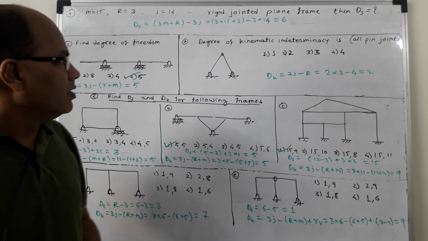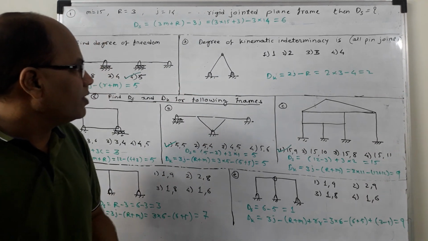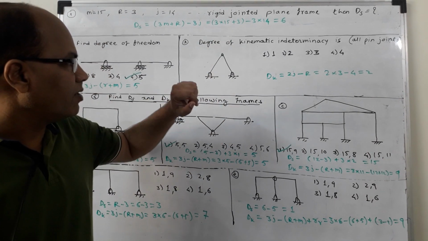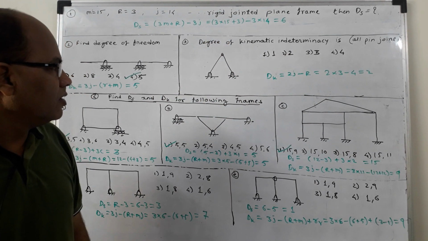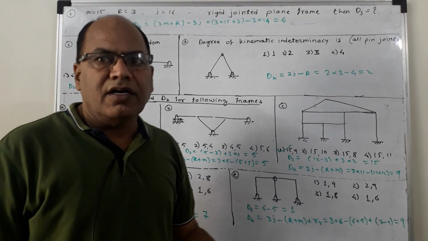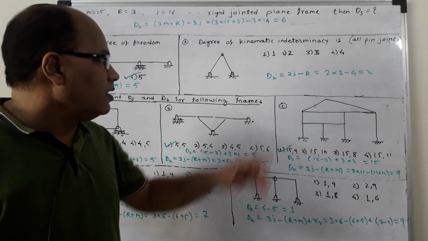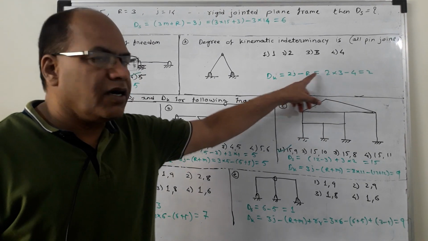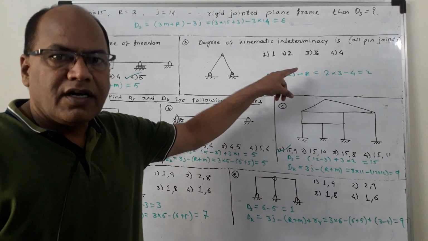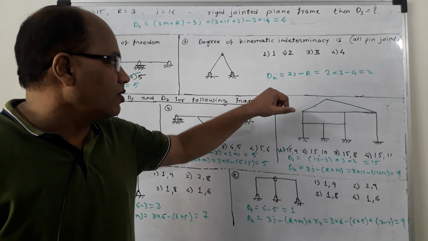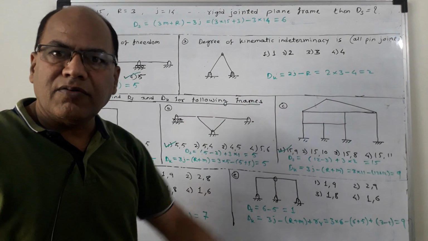Question number 3: it is asked to get the degree of kinematic indeterminacy of this particular frame, and they are saying that all the joints are pin joints. Now in case of a pin jointed plane frame structure, dk is equal to 2j minus r, where 2j is the total number of independent displacement components minus the total number of constraints.